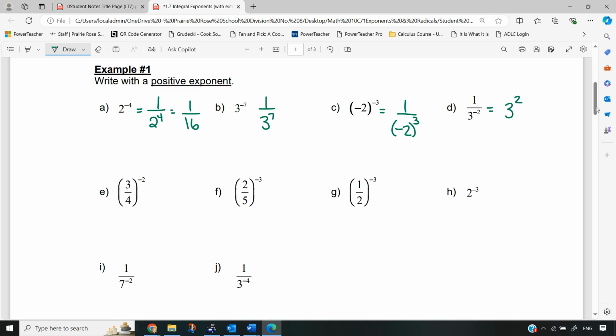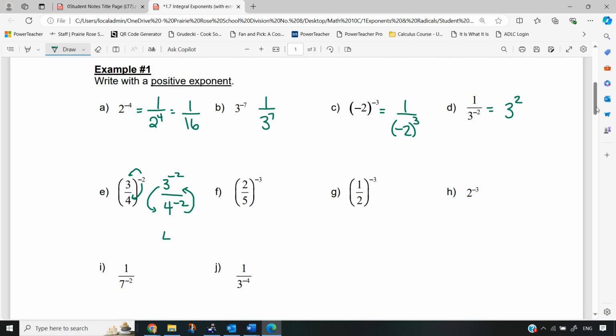Now for e, we have 3 over 4 to the exponent negative 2. And if you remember our exponent laws, we're able to bring this 2 in and distribute it to both the 3 and the 4. So that's going to give me 3 to the negative 2 all over 4 to the negative 2. Because 3 has a negative exponent, I'm going to move it to the denominator. Since 4 has a negative exponent, I can move it to the numerator.